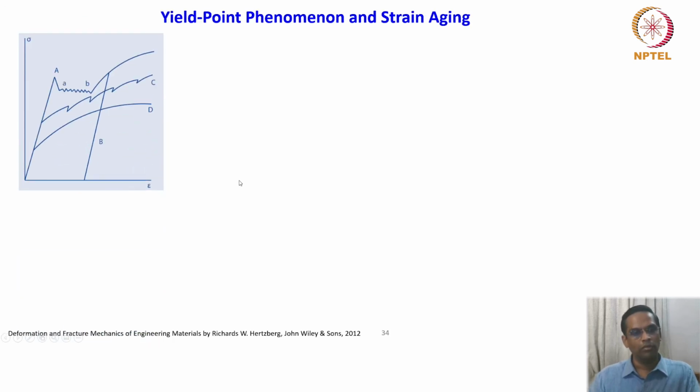So now, having understood this yield point phenomenon, we will discuss the strain aging aspect in the context of the yield point phenomenon. Look at this schematic stress strain diagram. In fact, we have just combined all the types of stress strain diagrams in one plot.